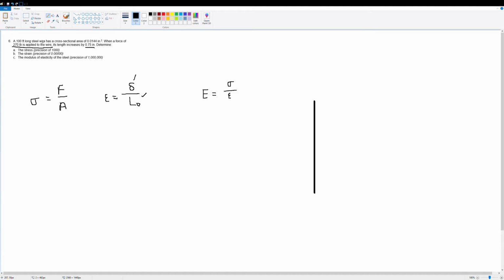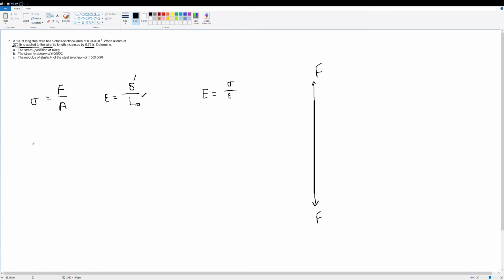I'm going to assume that since it's elongating, it's a tensile force. So I'm going to go ahead and draw my arrows outward to show that this is being stretched. I'll call this F, and that force I know is 270 pounds.